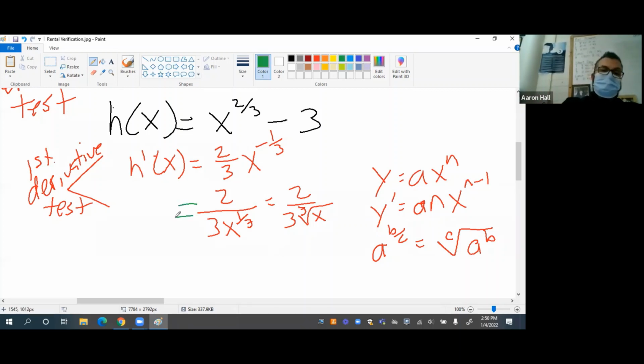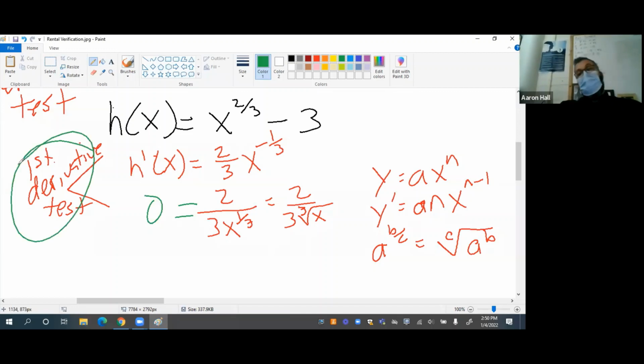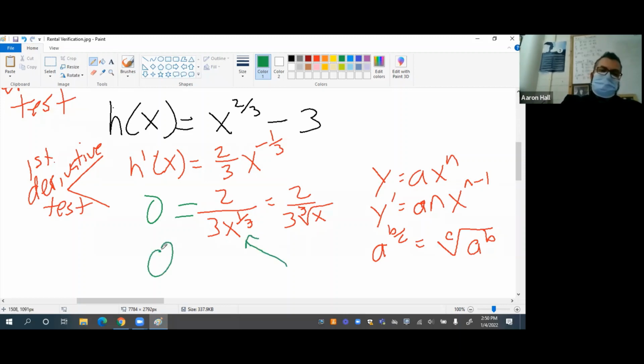We plug in 0 because I want to know what happens at the transition, where the instantaneous rate of change is 0. So what's an x value that will give me 0 equals 0? Zero.